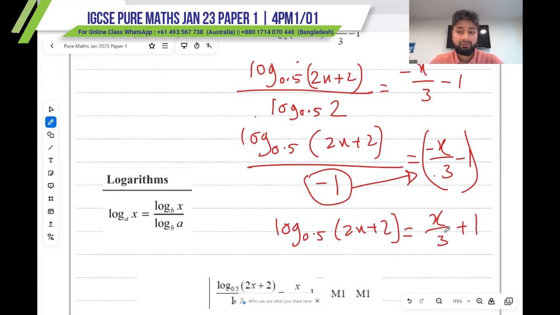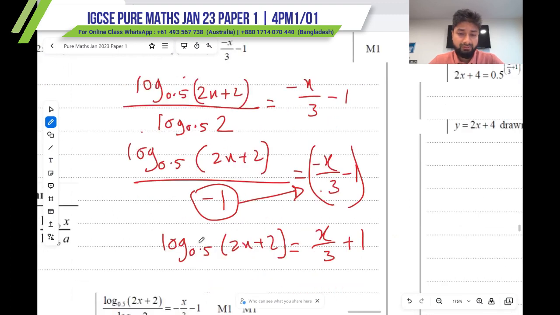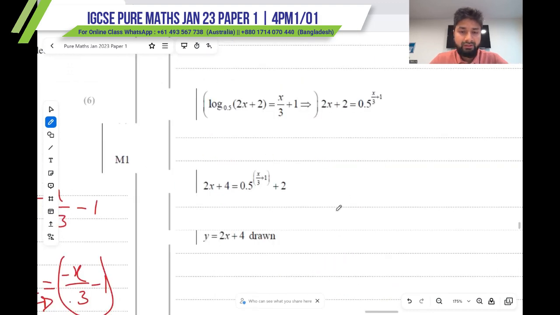Now we are almost close to what we need. When I transfer this 0.5 to the other side, it becomes 2x + 2 = 0.5 to the power of (x/3 + 1). If you see, finally we are over here, where we have made it exactly as the question.